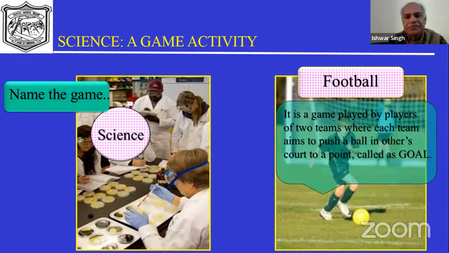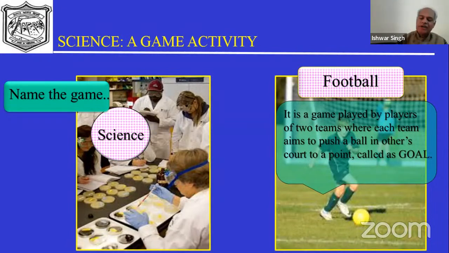Okay, good. Any other suggestion? Any other addition? Sir, it is a logical exploration of the natural phenomena which are going on around us.